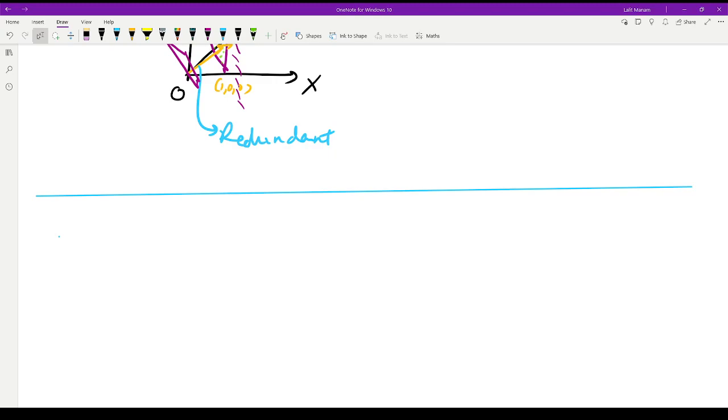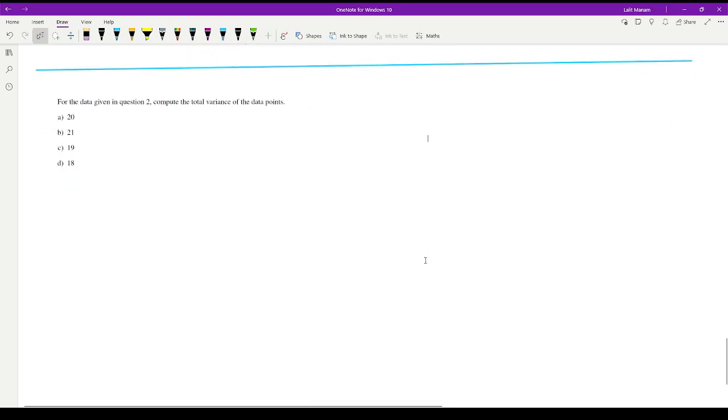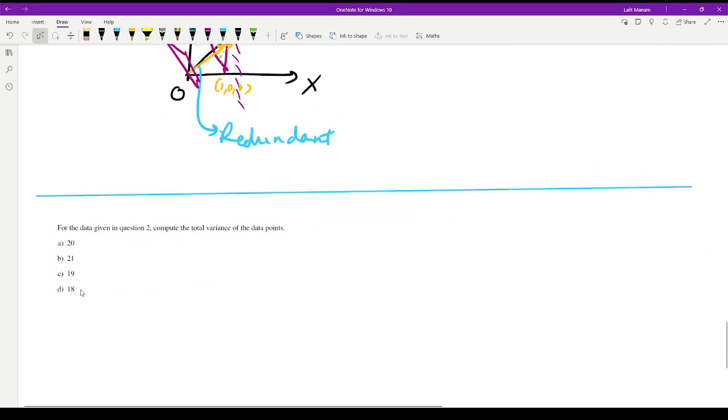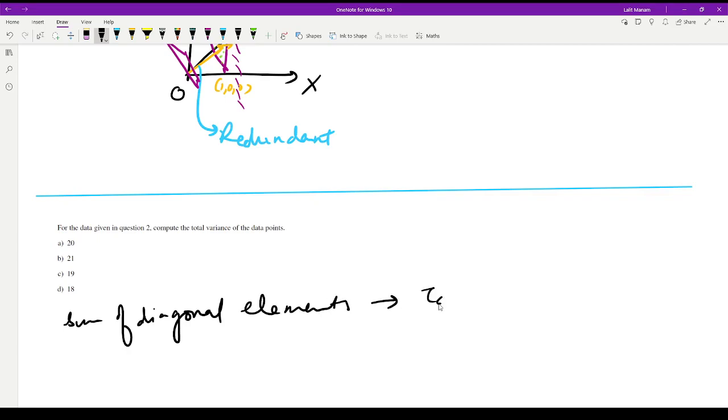For the data given in the question, we need to compute the total variance of the data points. What is the total variance? It is the sum of diagonal elements of the covariance matrix, which is nothing but sigma 1 square plus sigma 2 square.